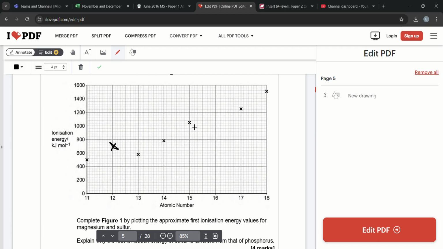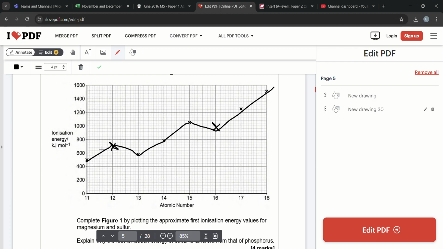And now what happens for sulfur? It's here at 1000, and then 1, 2, 3, 4, 5, 1040, 1050. So sulfur is just going to be at 1000. So here, here, slight dip, then increases, and that would be it.